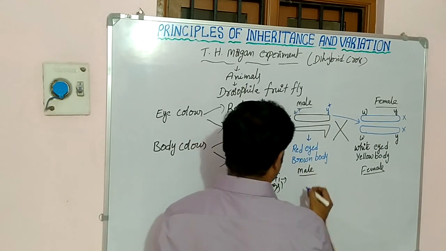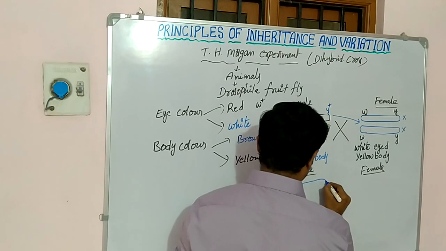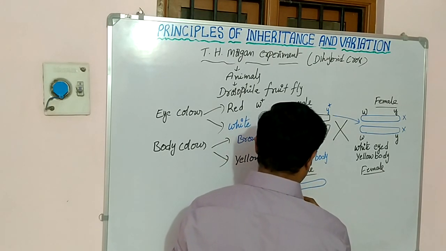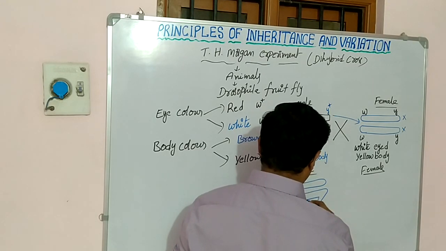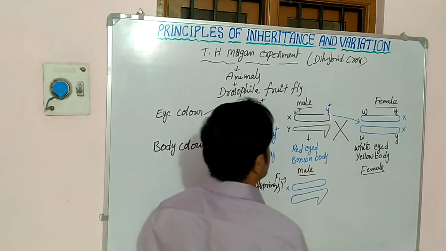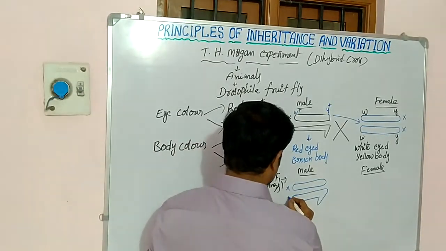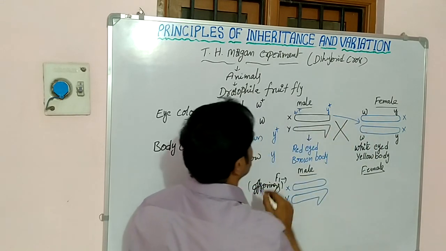The male commonly consists of which type of chromosomes? X and Y chromosomes. This is fused with this one.